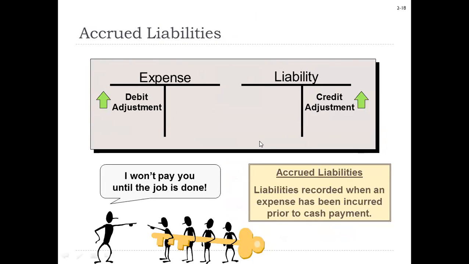And accrued liabilities, just be aware, and again, we'll look at the details when we go through the homework. We're debiting an expense and crediting a liability. Accrued liabilities occur when you got services or received a product before you paid for it.